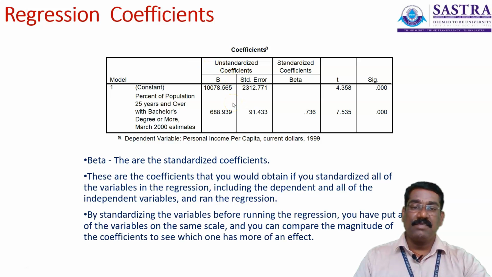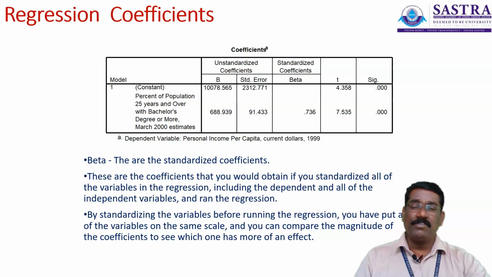So by standardizing the variables before running the regression, you put all of the variables on the same scale, and you can compare the magnitude of the coefficients to see which one has more of an effect on the dependent variable. This is a very good statistical tool whereby we can really predict the value of each independent variable and how significant or important it is in predicting the dependent variable.